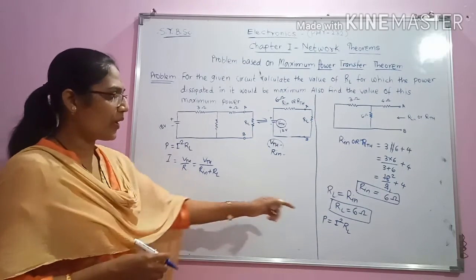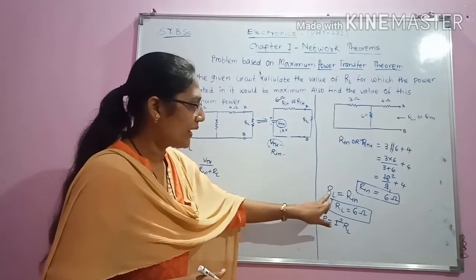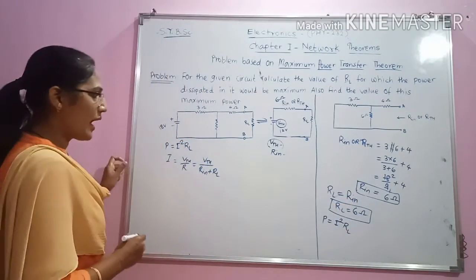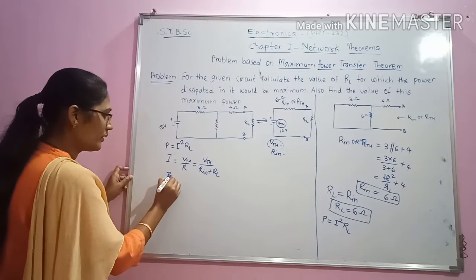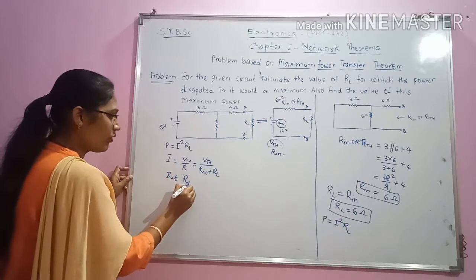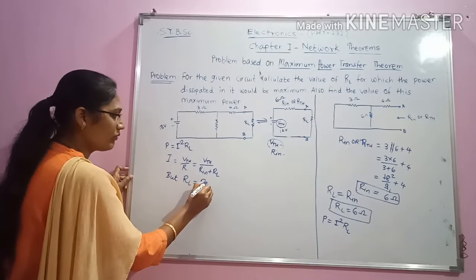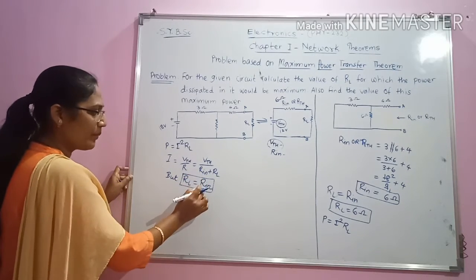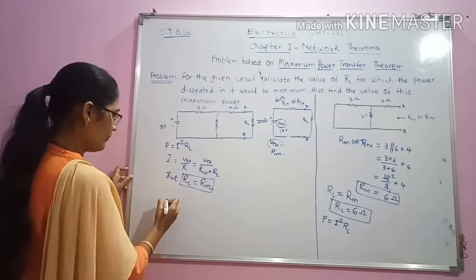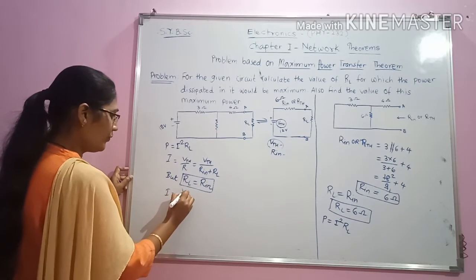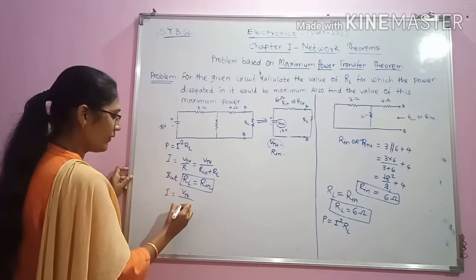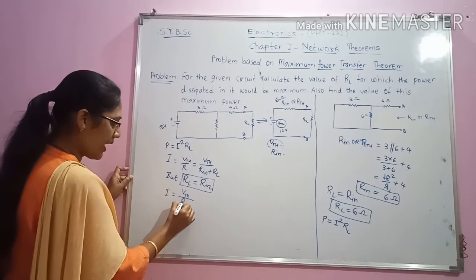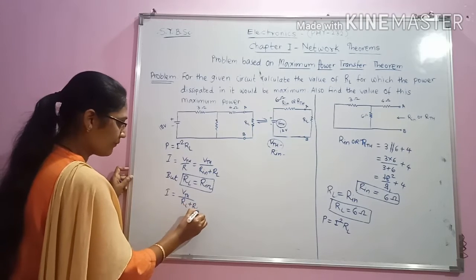But just now we have calculated that the value of RL is equal to the value of Rin. So we will replace this Rin by RL. So I will become VTH divided by RL plus RL.